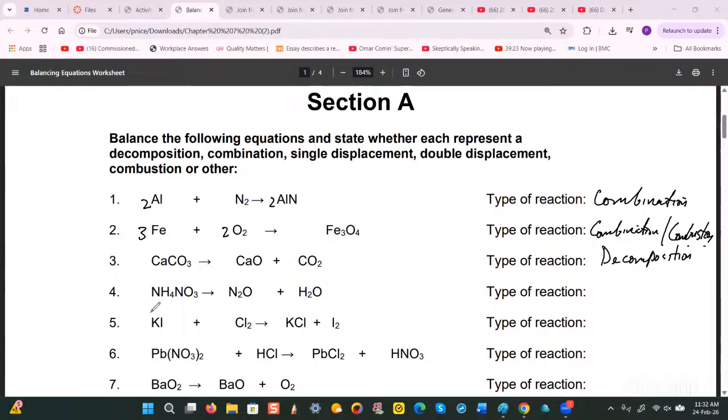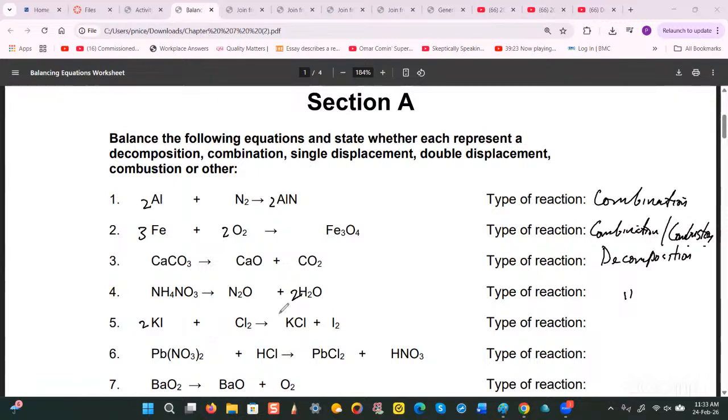Oh, sorry, you skipped down to number 5. No, we're dealing with number 4 now. 1, 1, 2. Oh, yeah, you're right. Okay, good. So what type of reaction is this? Decomposition again, exactly.